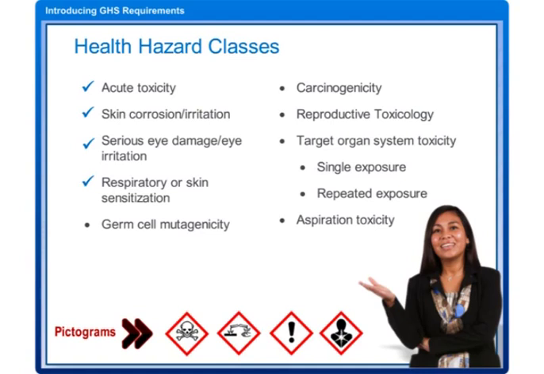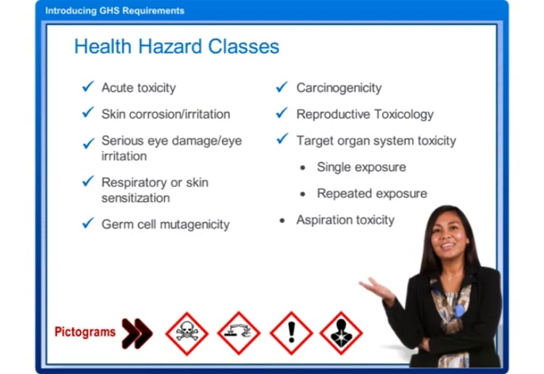Respiratory or skin sensitization. Do you know what a sensitizer is? A sensitizer is a chemical that after exposure to it can trigger an allergic reaction. Other health hazard classes are germ cell mutagenicity, carcinogenicity, reproductive toxicology, target organ system toxicity.